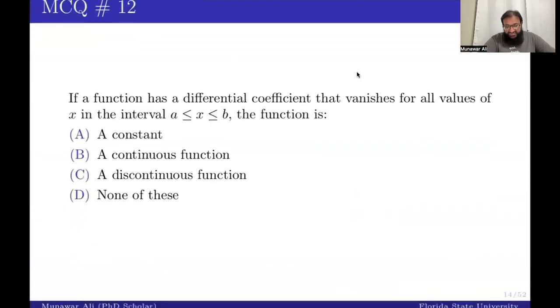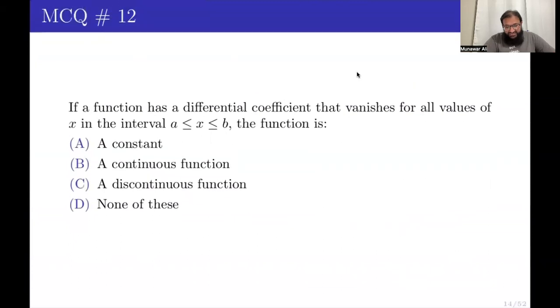So option C is correct for MCQ number 11. Let us move towards the next one. It says that a function has a differential coefficient that vanishes for all values of x in this interval. Then the function is, so we have a function whose differential coefficient, in other words derivative, vanishes. Vanishes means it becomes 0 for all values of x within some interval.